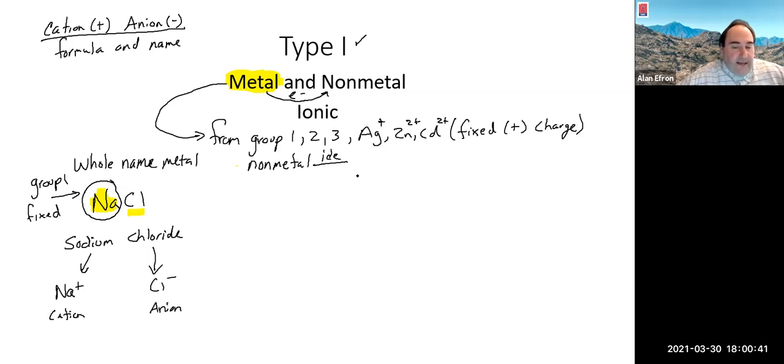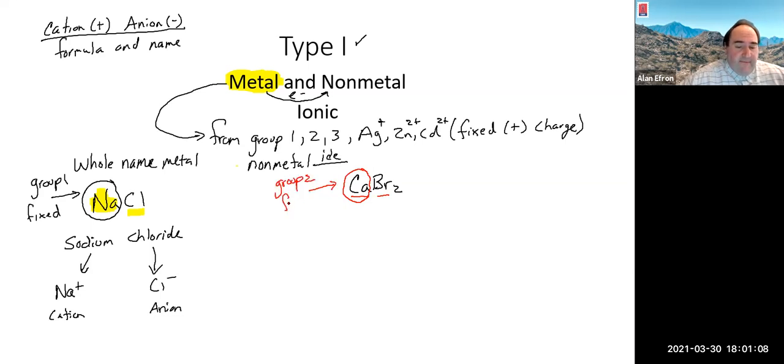Now, if we look at another one like CaBr2, here again, if we were to analyze this, what we want to look at is I see Ca, which is a metal. I see Br, which is a non-metal. Again, the metal is going to be my important one to look at. I see calcium, which is from group 2 on the periodic table.